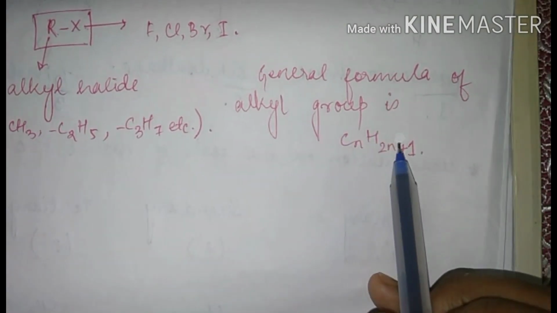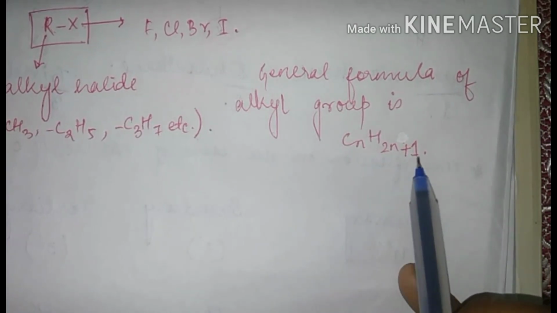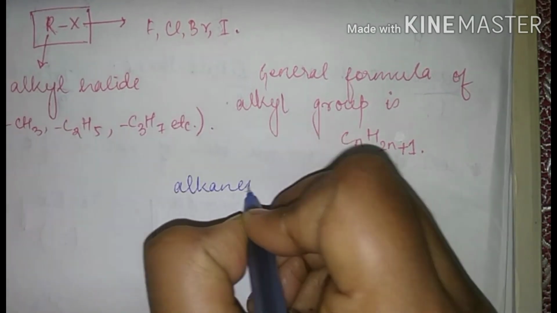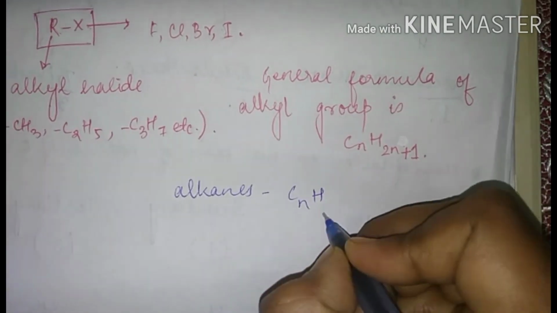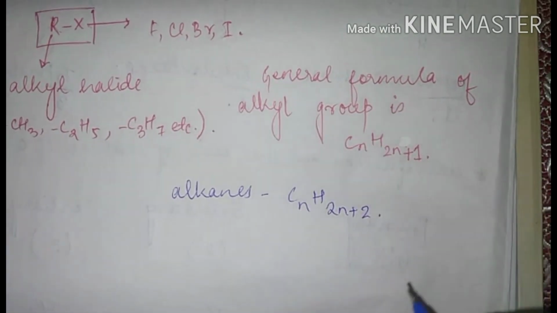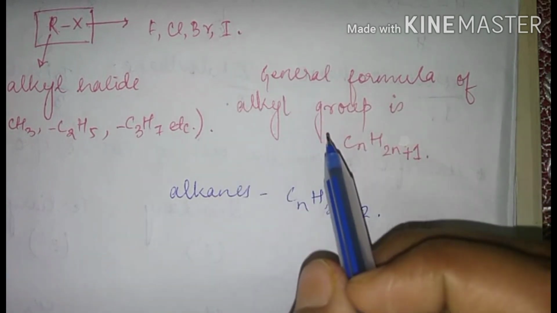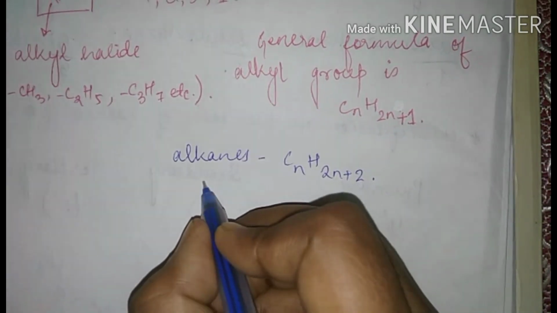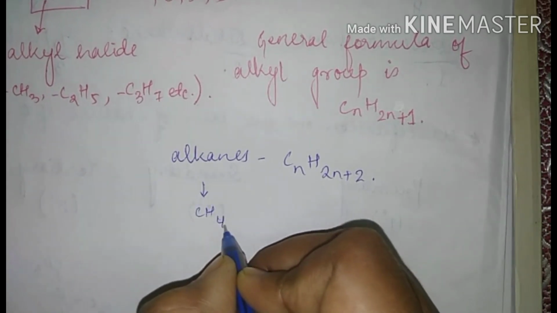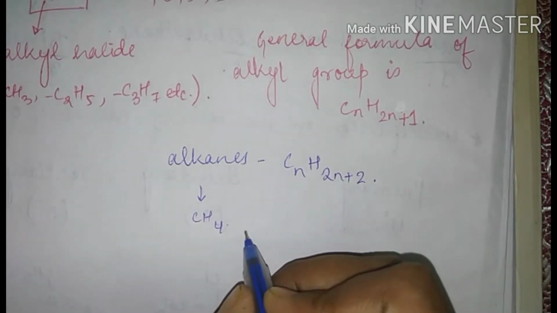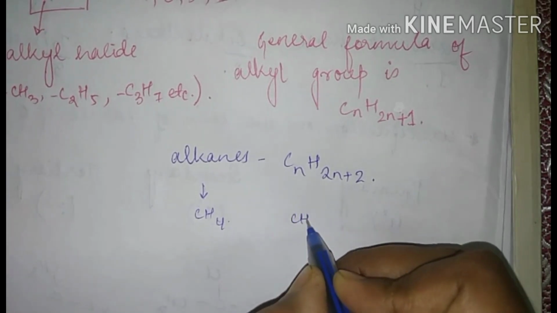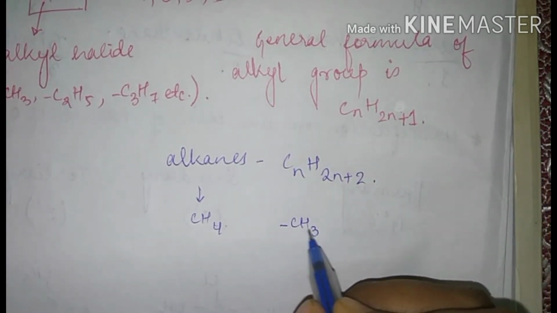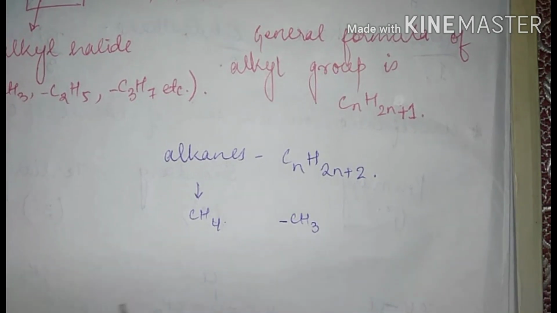The general formula of alkyl group is CnH2n+1, and general formula of alkanes is CnH2n+2. Make sure that in alkyl group, one of the hydrogen is missing. That is, if we take example of methane, this is an alkane, but in case of the methyl group, this is the alkyl group in which one of the hydrogen is less.